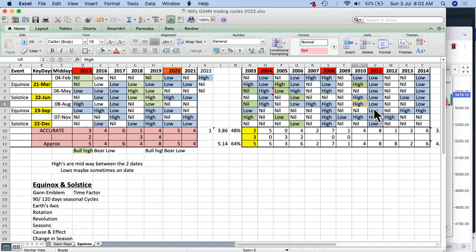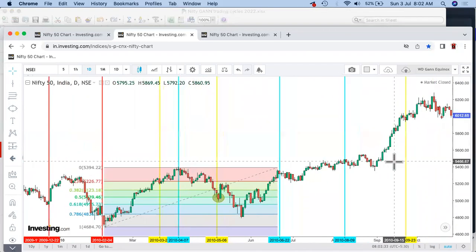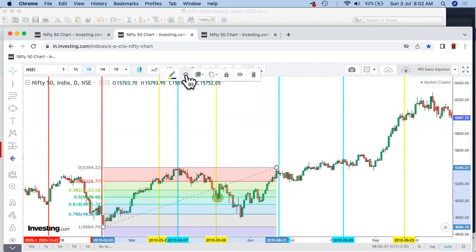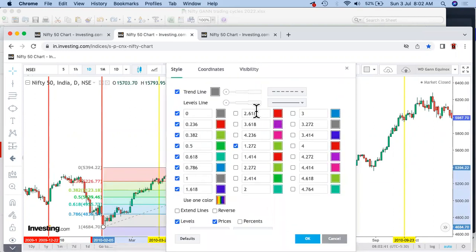We'll go to the next date, which is 8th of August. I'll reverse this Fibonacci so that we're able to get some clarity further, any specific points which are there.